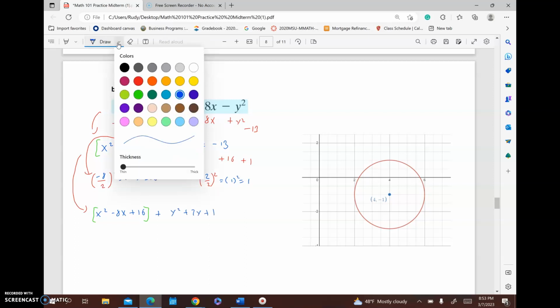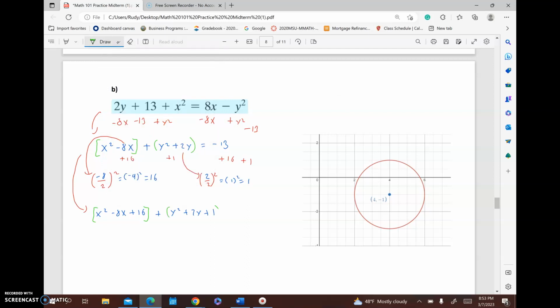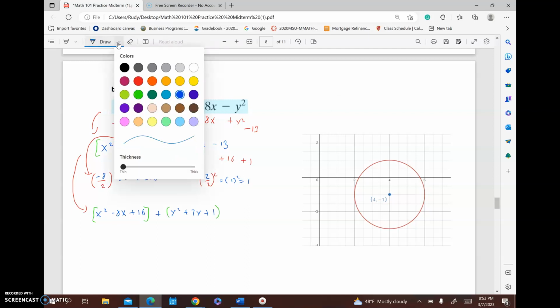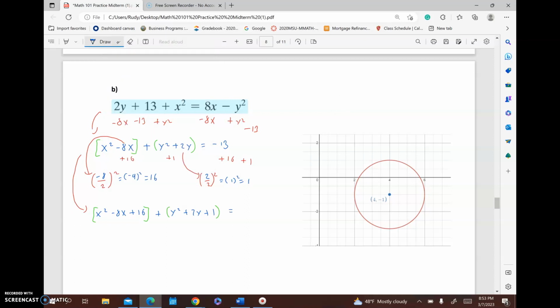Remember that this process is what actually makes the polynomials factorable. And then on the right-hand side, we had a negative 13. Then we added a 16 and then we added a 1. So on the right-hand side, we have a value of 4.